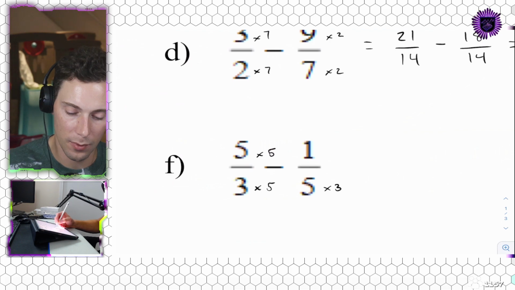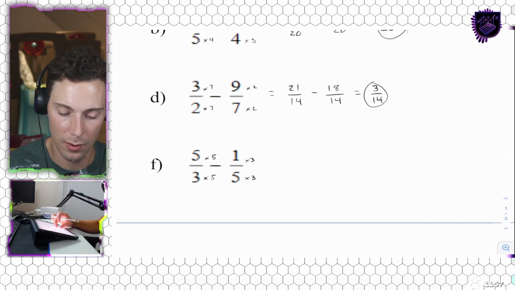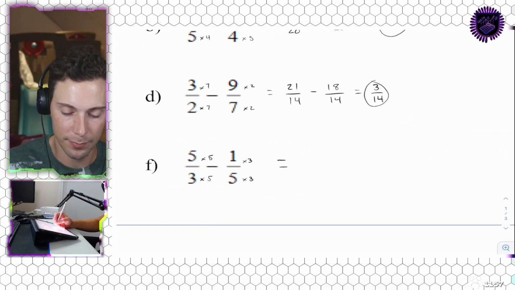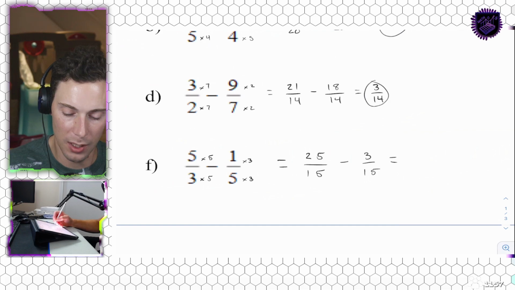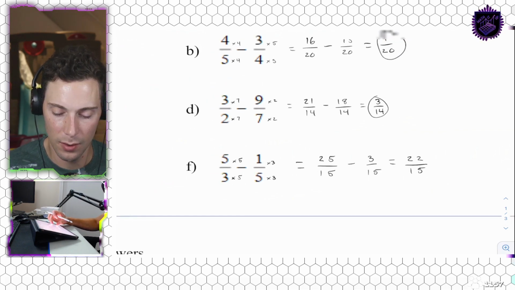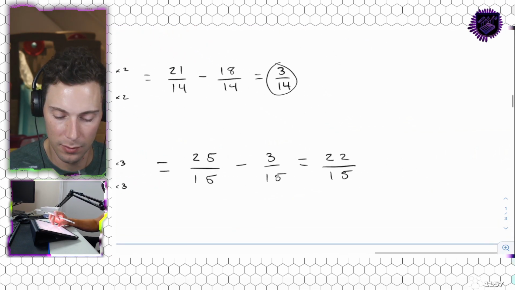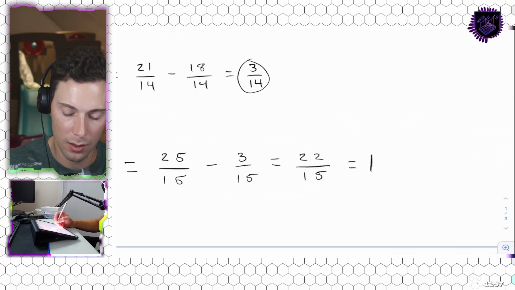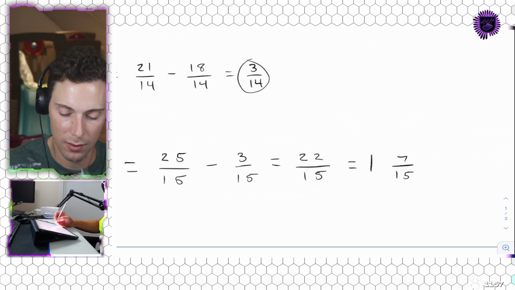So our new equivalent fraction will be 25/15 minus 3/15, and it will be equal to 22/15, which will be equal to 1 and 7/15.